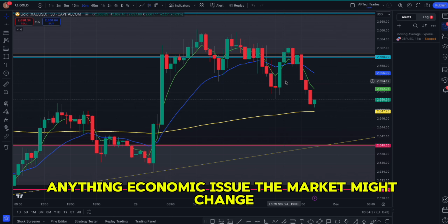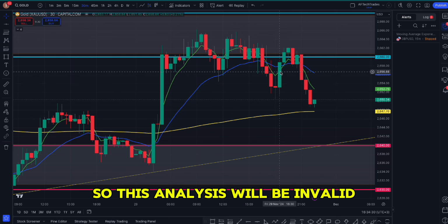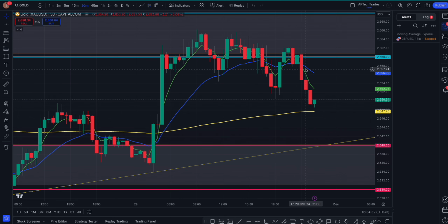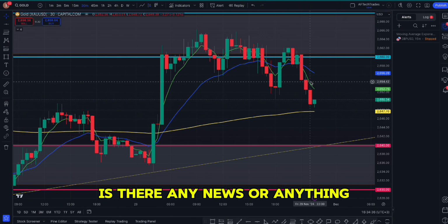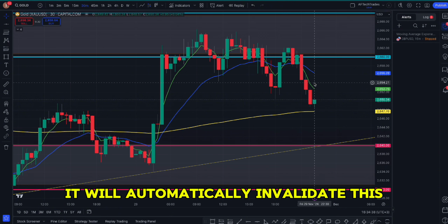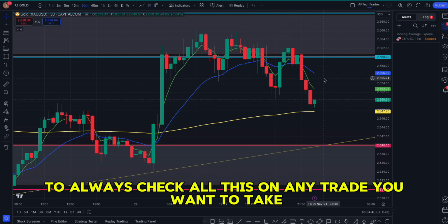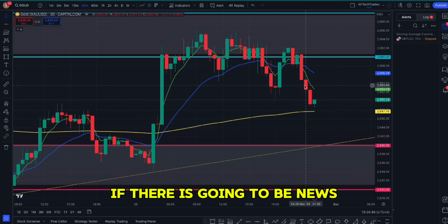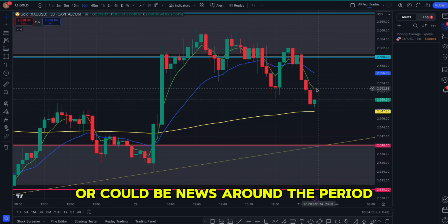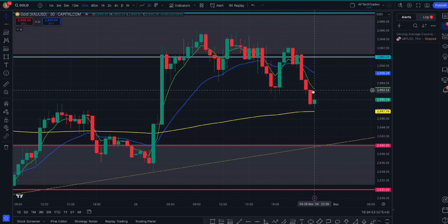Check your economic calendar for any upcoming news around the period, because it will automatically invalidate this, and you don't want it to take you out of the market unaware and lose your money. So all these are very important.